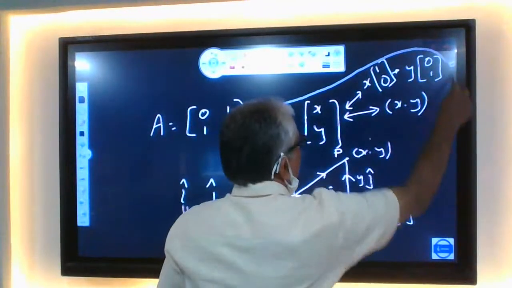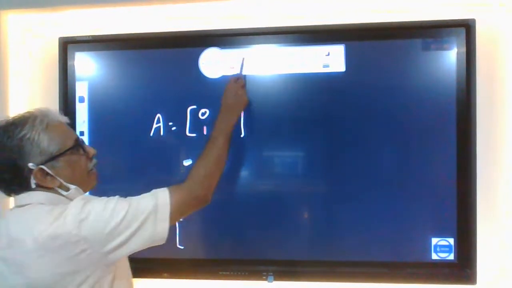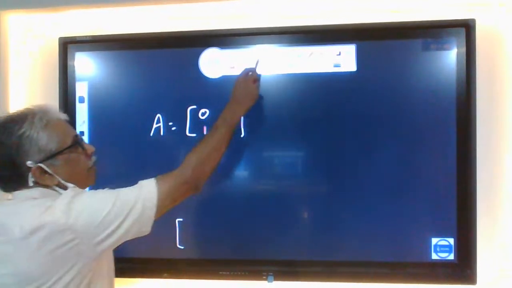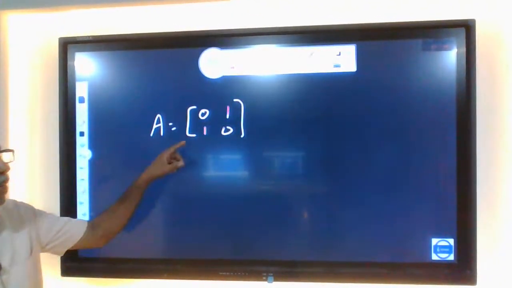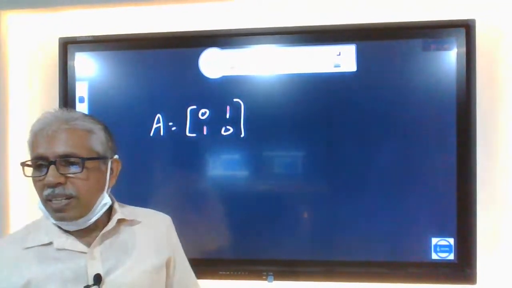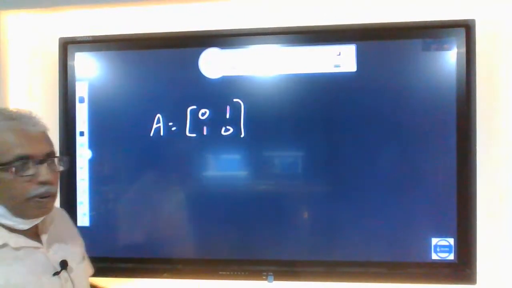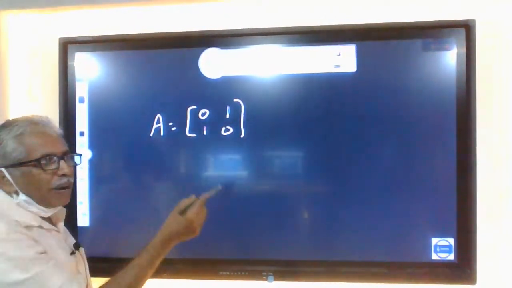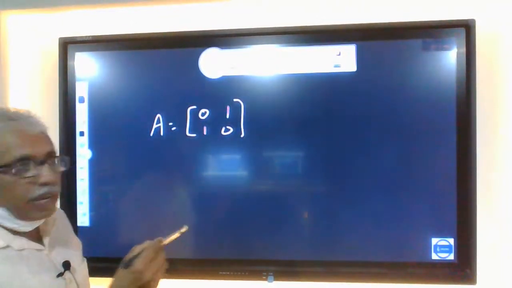So if I take the matrix A equal to 0 1 1 0, I first try to find out the effect of the matrix when multiplied to the special column matrices 1 0 and 0 1.